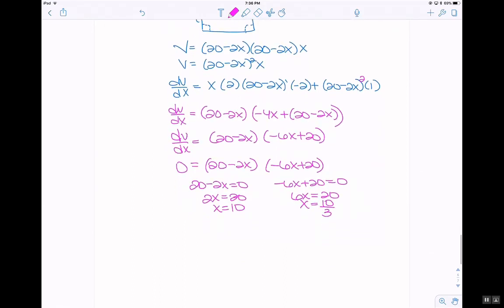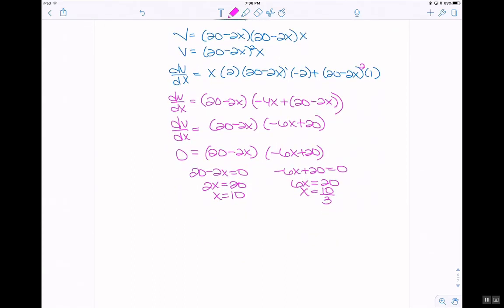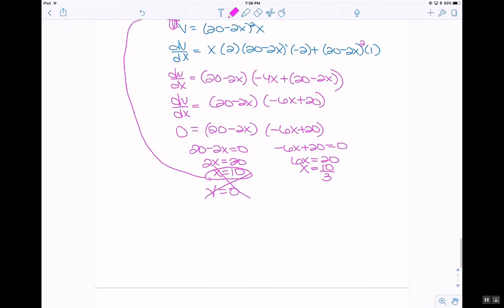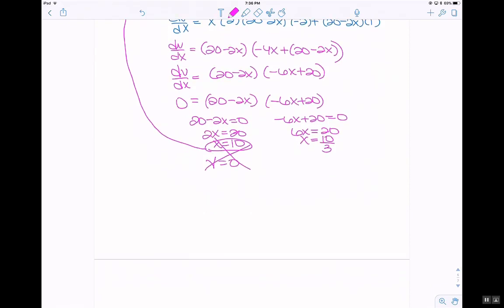And now I could use the second derivative test or the first derivative test, but one thing that you should note is that if I were to take x equals 10 and plug it back into my original equation, this would have given me a volume equal to 0. So x equals 10 actually does not work.